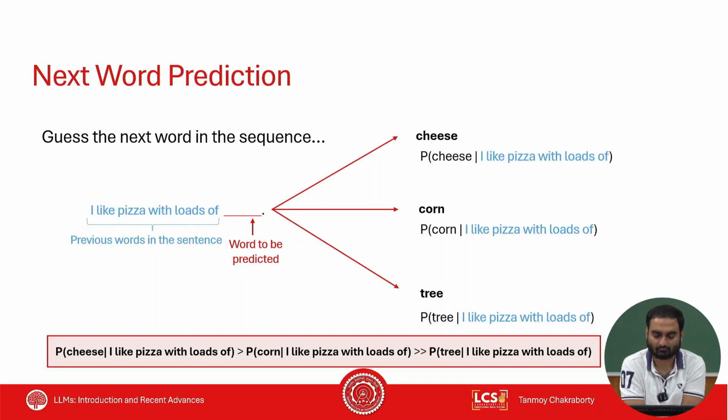The idea of language model goes back to the early 1950s, to Claude Shannon. You know Shannon's entropy, information theory. In 1950 Shannon introduced a game called the character guessing game.